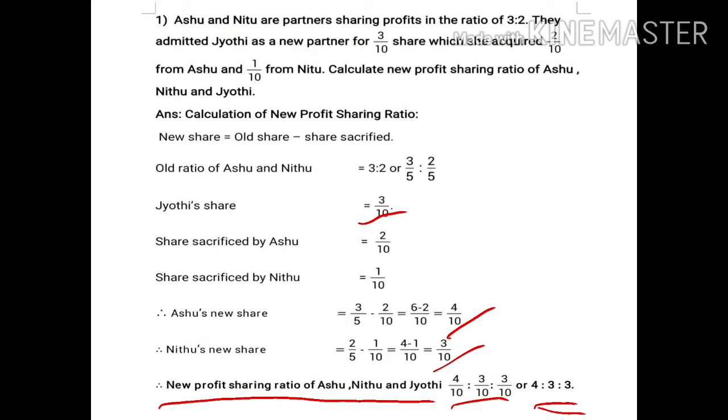That is the new profit sharing ratio of Ashu, Neetu and Jyoti. That means 4 plus 3 plus 3, 10. Out of 10 rupees, 4 for Ashu, 3 rupees for Neetu and 3 rupees for Jyoti. That is the new profit sharing ratio.